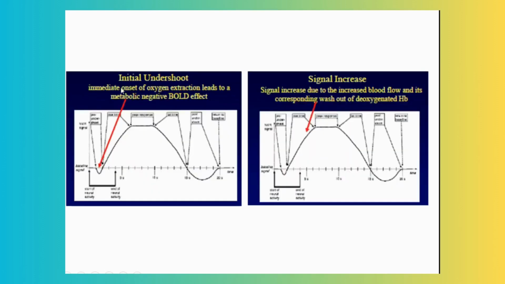Again, there is an initial undershoot because there is some extraction of oxygen, which leads to a negative BOLD effect. When oxygen is already present, the synapse will take that oxygen and will cause deoxyhemoglobin. So there will be a little drop because there is more deoxyhemoglobin transiently, for less than 1 second. But then there is a big surge of oxyhemoglobin to that area that will cause the BOLD signal.